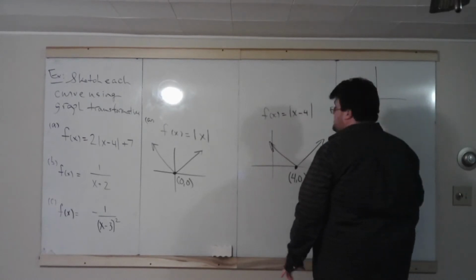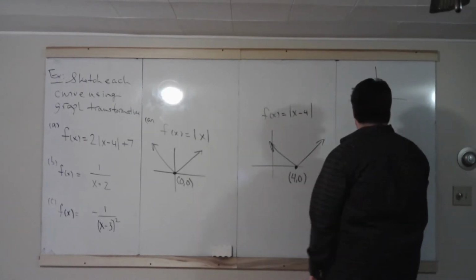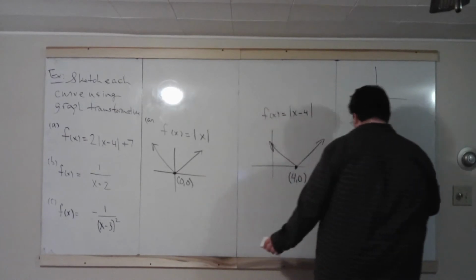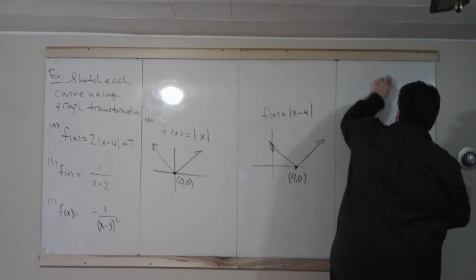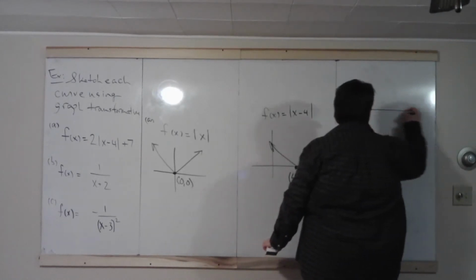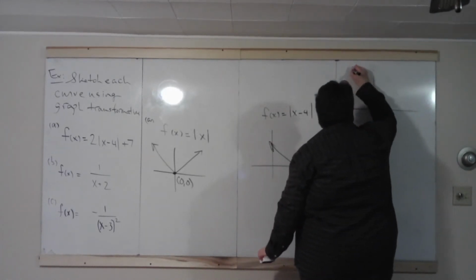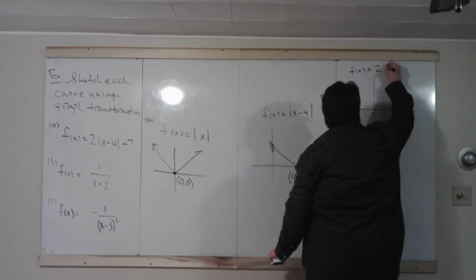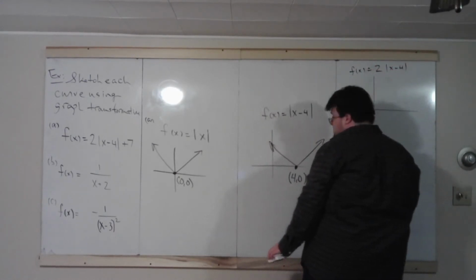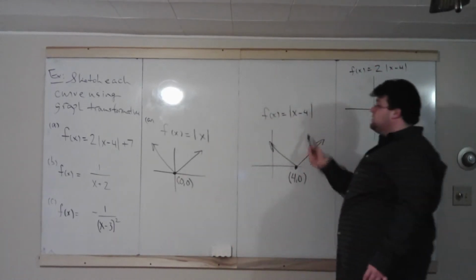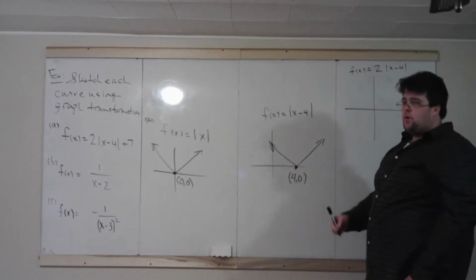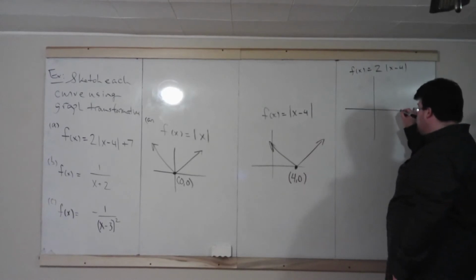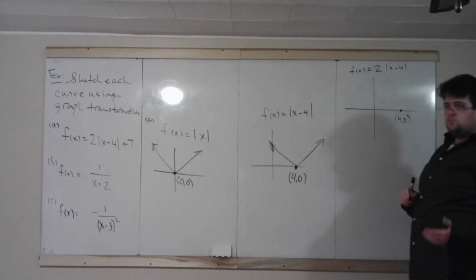What happens next? The 2. Where am I going to write this? Okay, I'll write it up here, but I have to write it a little lower. The next thing that happens is it gets multiplied by 2. Now, what does that do to this point 4, 0? That point isn't going to change, because 2 times 0 is still 0.